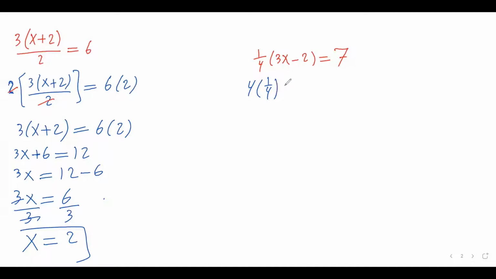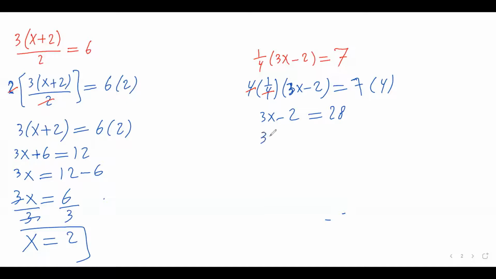So 4 times 1 over 4 bracket 3x minus 2 equals 7 times 4. On the left side, this 4 and this 4 cancel each other out. So it's just 1 times this bracket, which is just 3x minus 2 on the left side, equals 7 times 4, which is 28. And now we have to move the constant term to one side and the variable term to one side so we can solve.